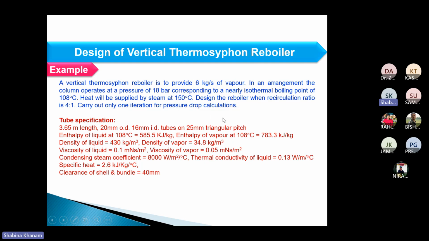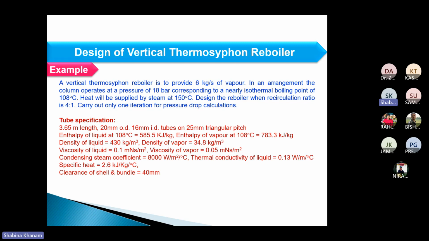So both sides we have isothermal condition. So the mean temperature difference would be nothing but 150 minus 108, that would be the delta T mean. No need to calculate LMTD and all. It will be 150 minus 108 only, right?